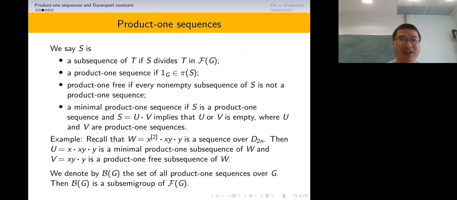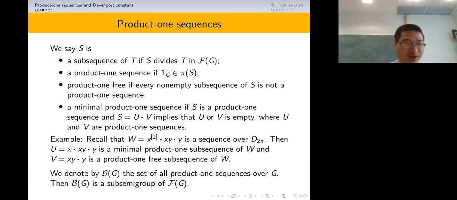We say S is product-1 free if every non-empty subsequence of S is not a product-1 sequence. We say S is a minimal product-1 sequence if S is a product-1 sequence, and S cannot be written as a product of 2 non-empty product-1 sequences. Which means if S can be written as a product U and V, then U or V must be empty.